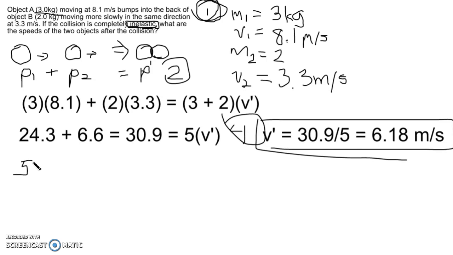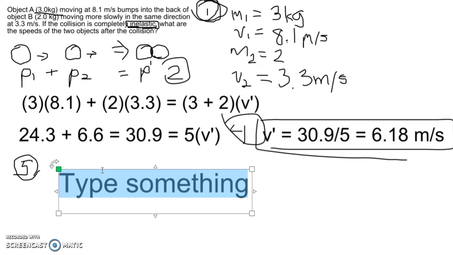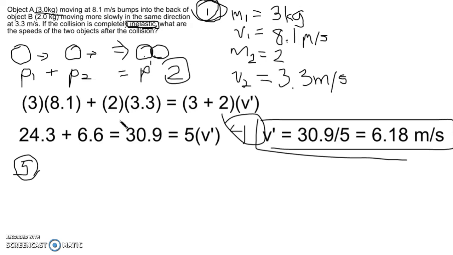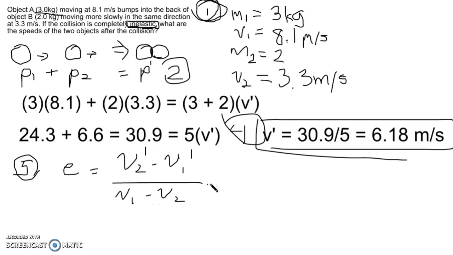The phrase is the proof is in the pudding, but the proof in this case is in the restitution formula, the formula of the coefficient of restitution. That would be v2 prime minus v1 prime over v1 minus v2 equals 0.